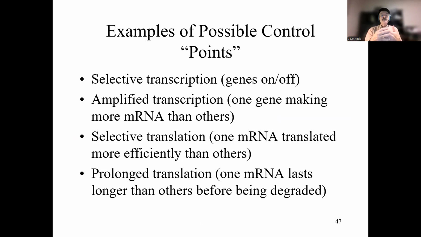You could also, once the mRNA is in the cytoplasm, have a mechanism that selectively translates one mRNA more efficiently than others. And so you make more of that protein and less of the other ones. Or you could simply keep the mRNA around for a longer period of time, and so it gets translated for a longer period. We'll call this prolonged translation. So you can go back and think about the different stages that we talked about, transcription and translation, and what would be some points at which the process could be controlled.